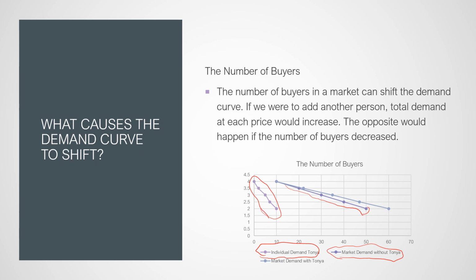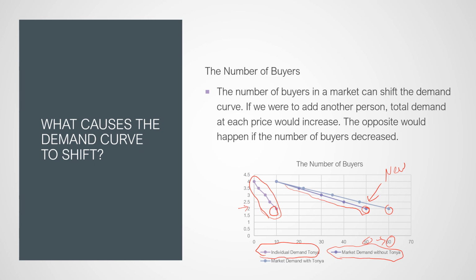You can see here at $2, Tanya has a quantity demanded of 10. So we've added 10 to the market, moving it from 50 to 60 gallons of gasoline. And so this line here is our new market demand curve.